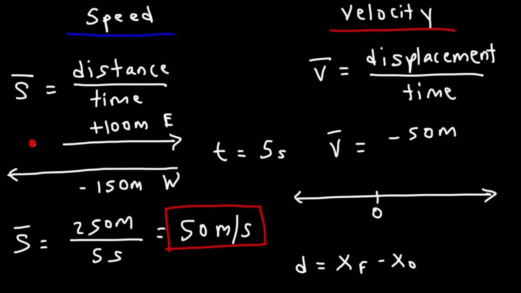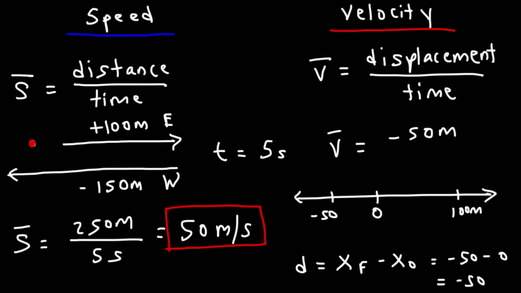So the particle started at position 0, and during the first part of its travel, it was at position 100, and then it traveled 150 meters west. So it ended at position negative 50. So its final position was negative 50 minus its initial position of 0, which is still negative 50.